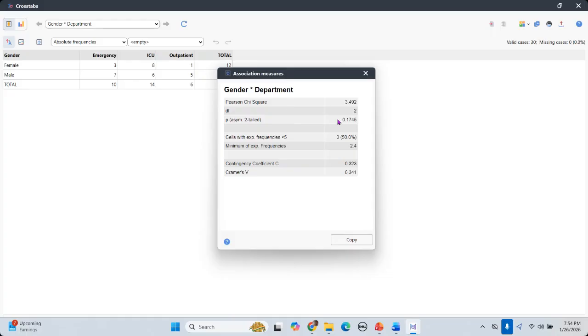Now, how to understand this particular table? I'm sure all of you know, some of you are new to statistics. So let me talk about what is p-value here. Whenever you conduct a statistical test, we always look for our p-value to be less than 0.05. Let me show you the data.